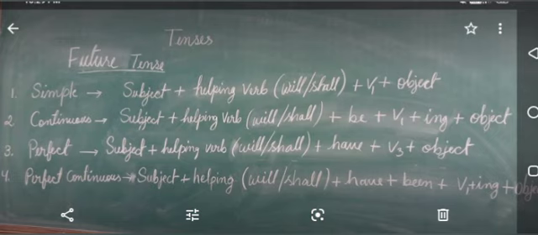With this we have done all the tenses, past, present and future, and all the four parts of each. Now the question arises about uses. When do we use which type of tenses? The uses and the chart are given clearly in your text, so you can go through it.